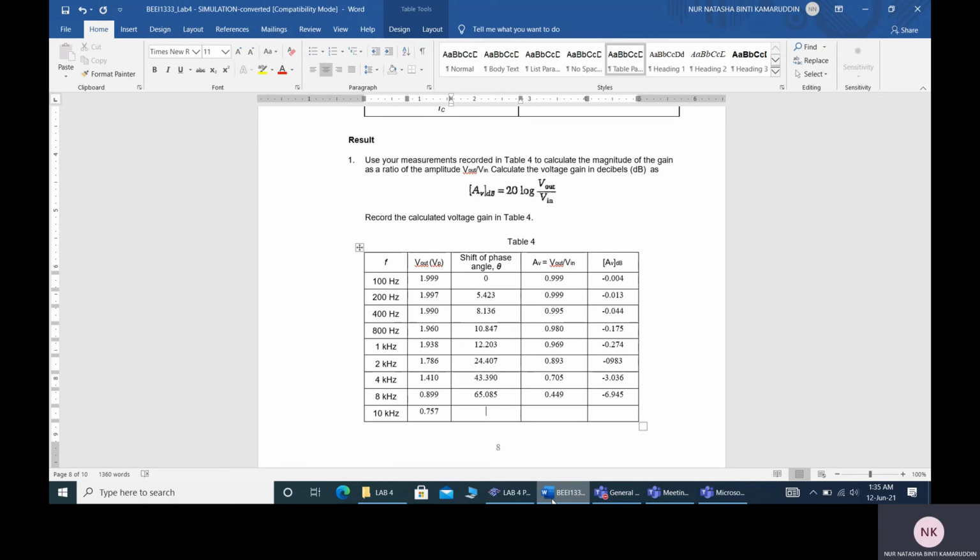That we get 74.578, and the AV is 0.379.